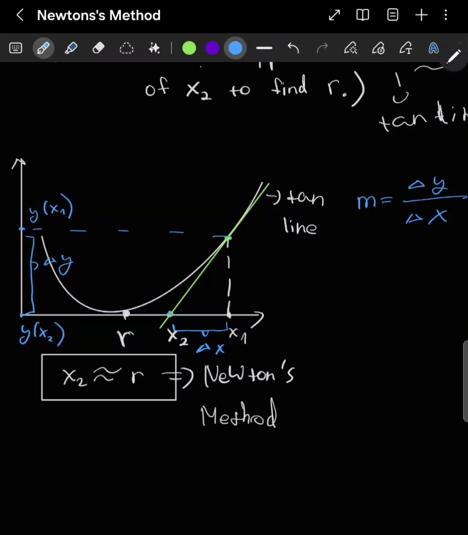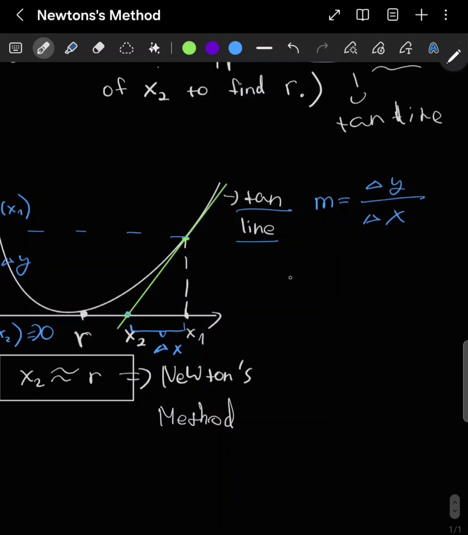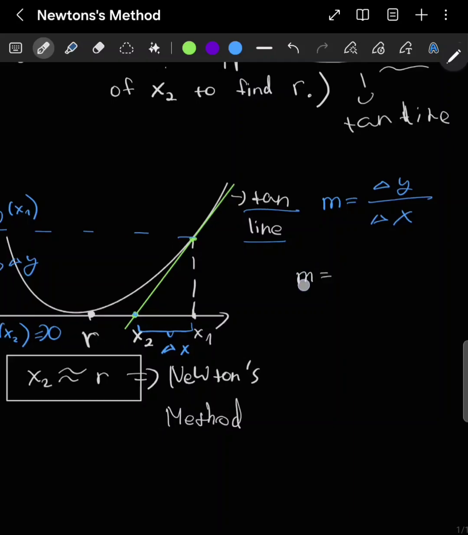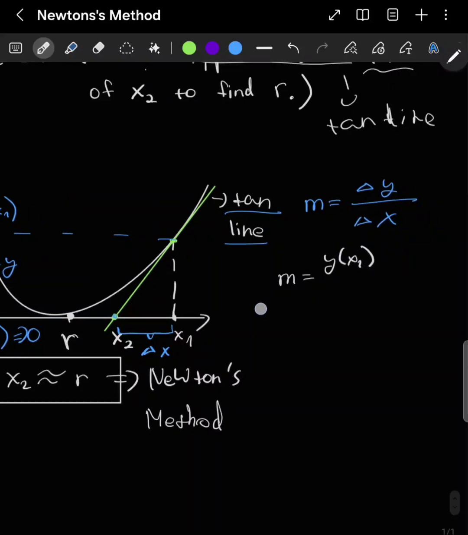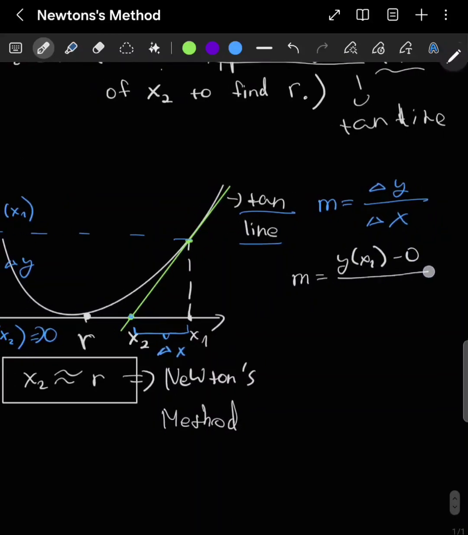To find the slope of the tangent line, we divide these two changes. Since y at x2 is equal to 0, we can ignore this one. So the slope is y(x1) minus 0 over x1 minus x2. Our goal is to find x2, right?